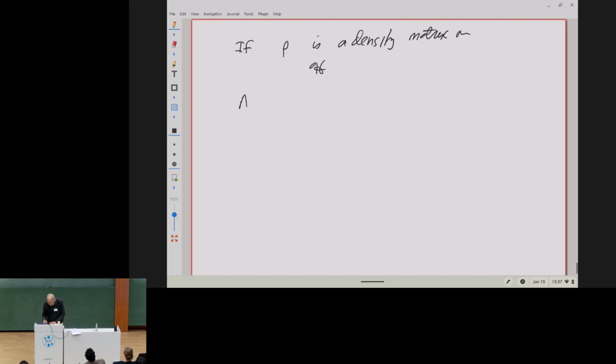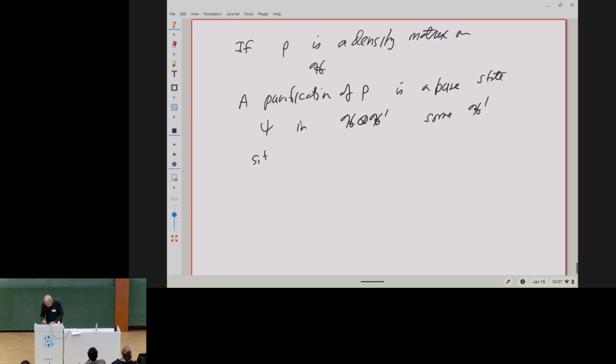So a purification of rho, which might be simply a mathematical device, is a pure state psi in H tensor H prime for some Hilbert space H prime, such that rho is the corresponding density matrix on H. To get the corresponding density matrix on H, we take the projector onto psi, and then we trace out H prime.